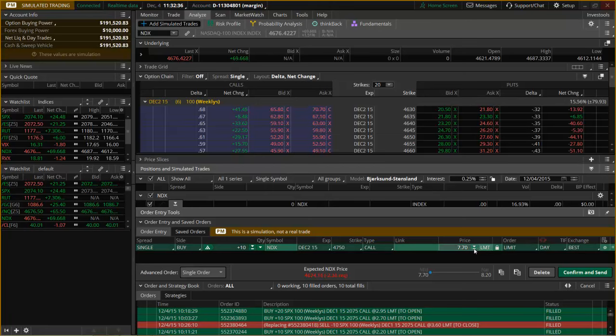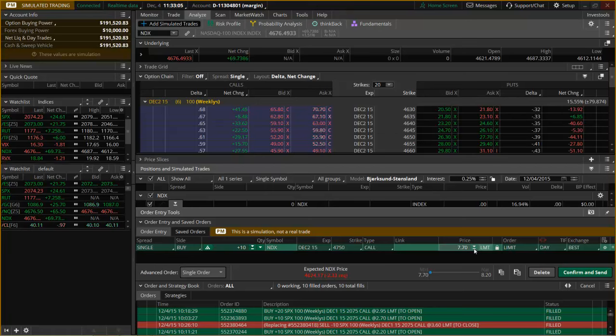So right now there's some weakness showing in the indices, and I want to see if I can take a bullish trade, given that it's pulled back a little bit. All the market internals are showing some weakness or exhaustion. So this trade could perhaps be a little premature, but let's do it and see.